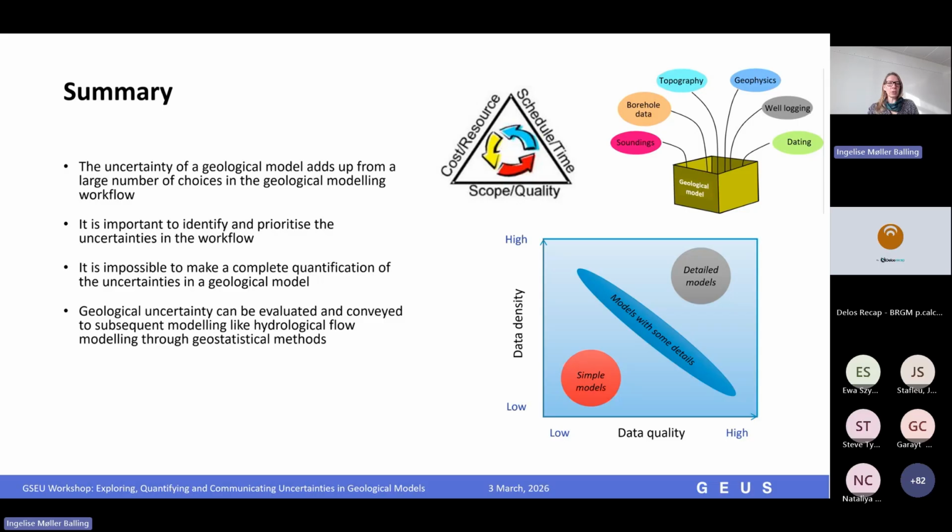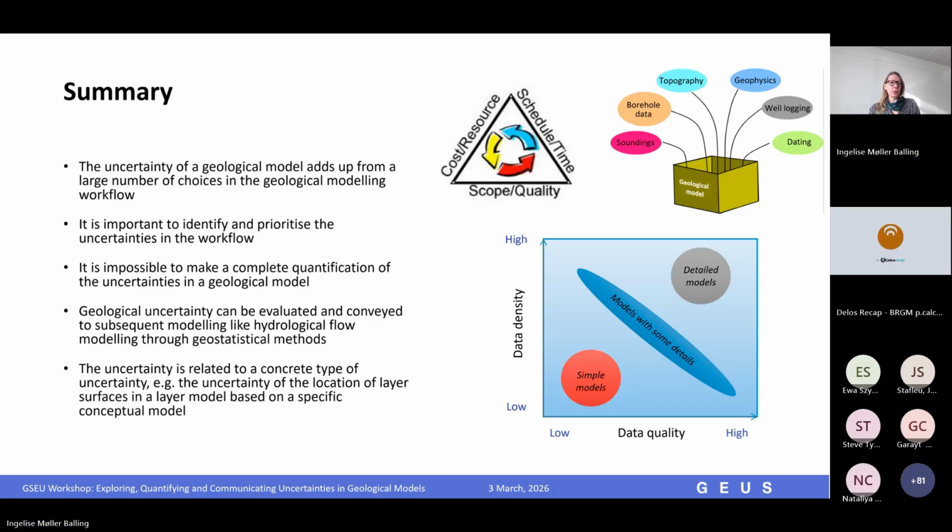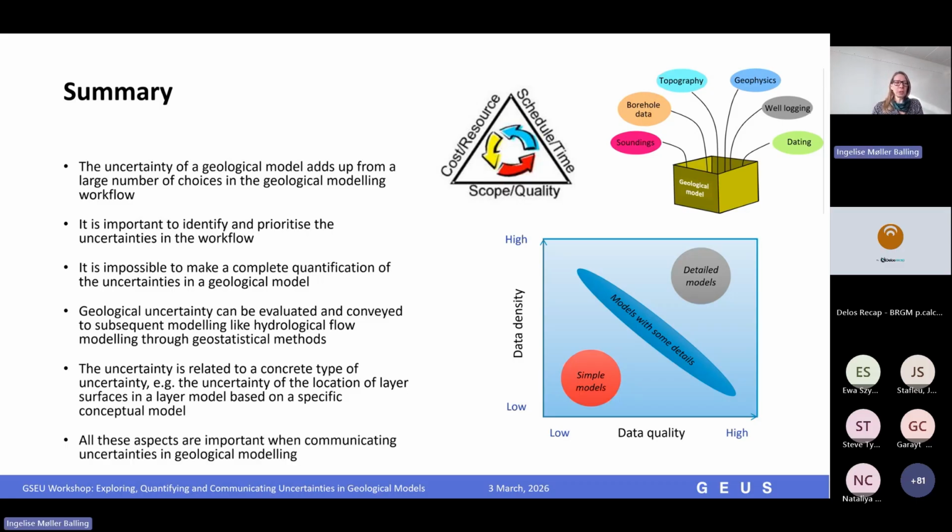The geological uncertainties can be evaluated and conveyed to subsequent modeling, like the hydrological flow modeling, through geostatistical methods. And the uncertainty is related to a concrete type of uncertainty, for instance, the uncertainty of the location of the layer surfaces in a layer model based on a specific conceptual model. All these aspects are important when communicating uncertainties in the geological modeling. Thank you for your attention.